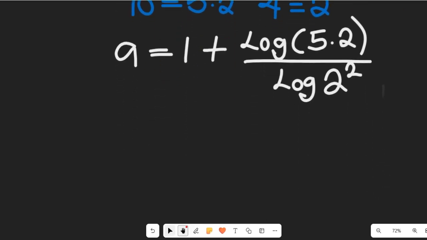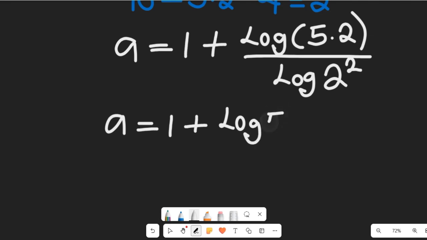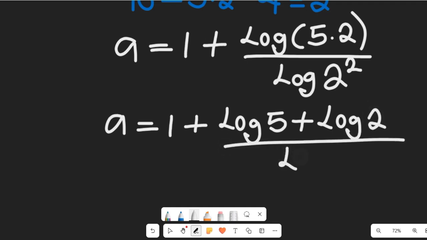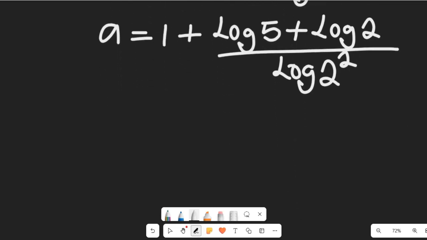Great. Now in the next step, I'm going to apply the multiplication law of logarithm, and that expression will give me a equal to 1 plus log of 5, right, plus log of 2, and all of these will be divided by log of 2 to the power of 2. And remember, log of 2 to the power of 2 can be simplified.